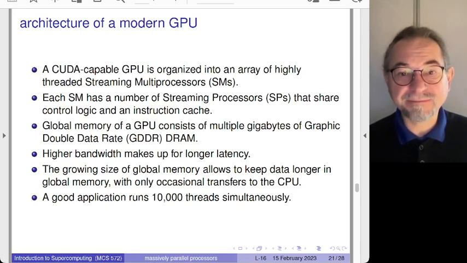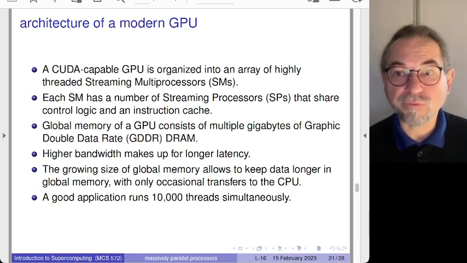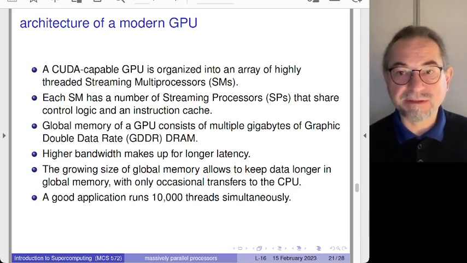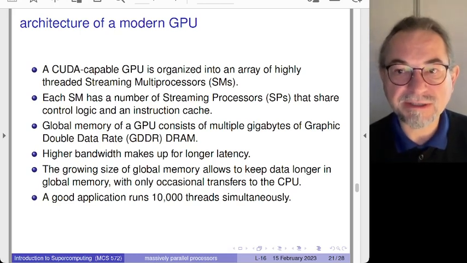Also, this is massive parallelism. You must have many threads scheduled, many threads that is a multiple of the number of cores. In some sense, this is similar to tasking that we have seen, where we can spawn as many tasks as we deem necessary.